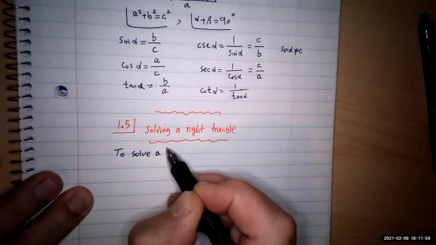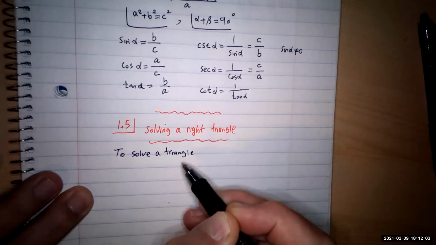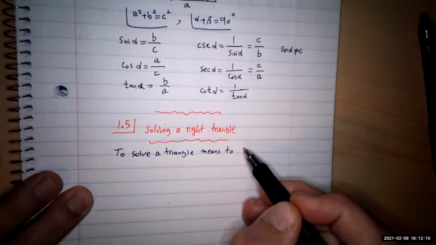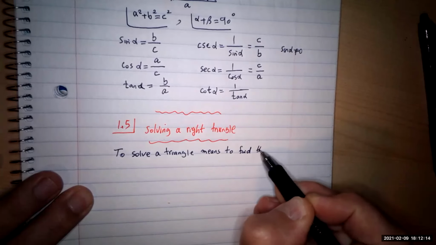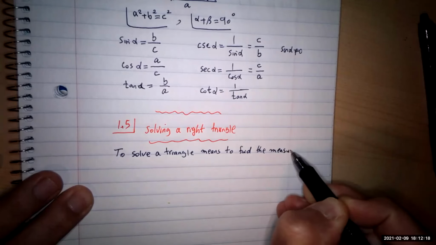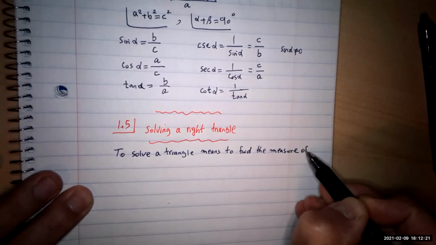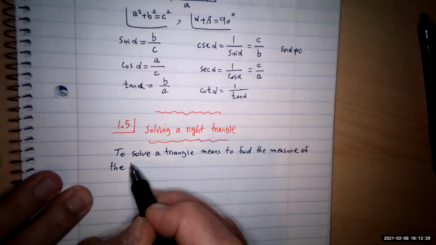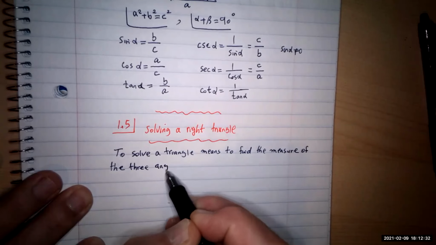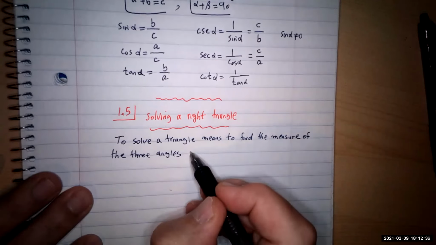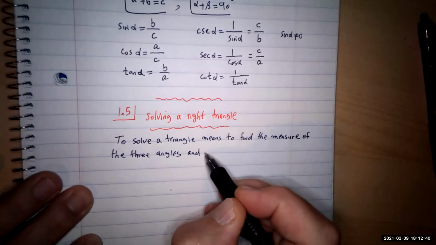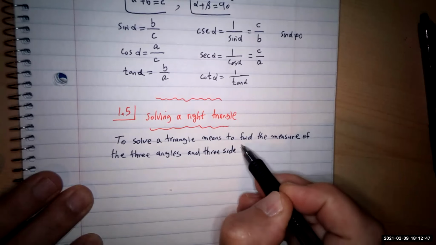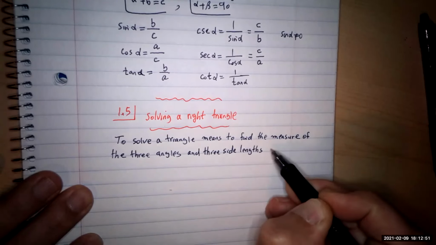To solve a triangle, a right triangle or a triangle in general, means to find the measure of the three angles and the three sides, the three side lengths of the triangle.